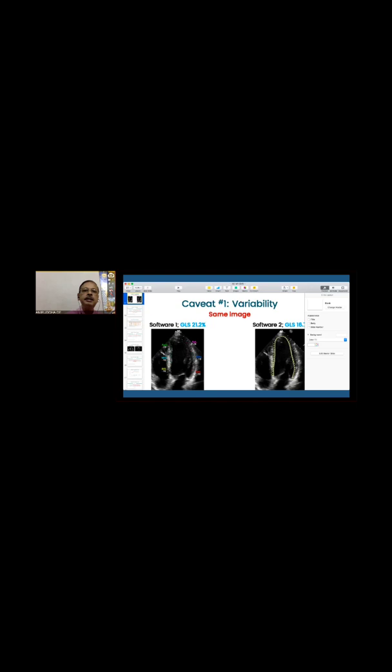But the important thing is this: you can do it on any machine from any vendor, that is not a problem. But for a particular patient where you want to do the GLS very accurately, that is, serial assessment of GLS in an individual patient, particularly in cancer chemotherapy and valvular heart disease, where even a 10%, 15% difference is very, very important, you should perform it using the same vendor equipment and the same software. So that is caveat number 1.